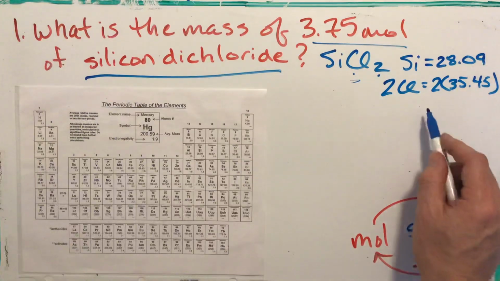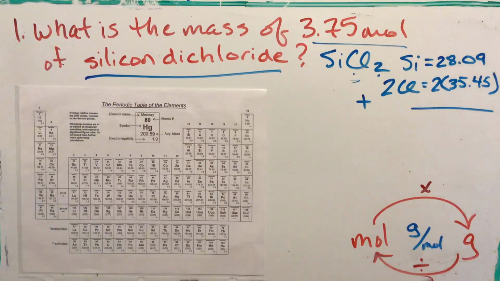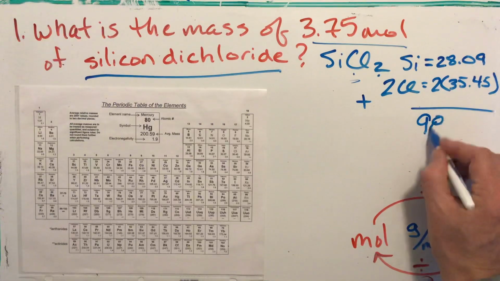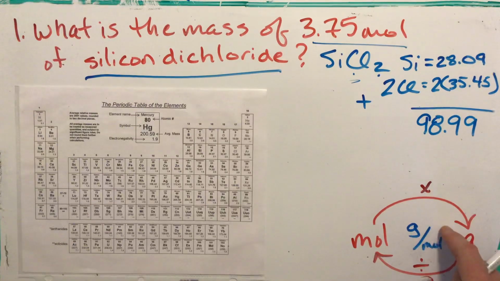I have 2 of them, so I double that and then add the 28.09 of the silicon. When I add up those atoms, I end up with 98.99. So this is the molar mass.